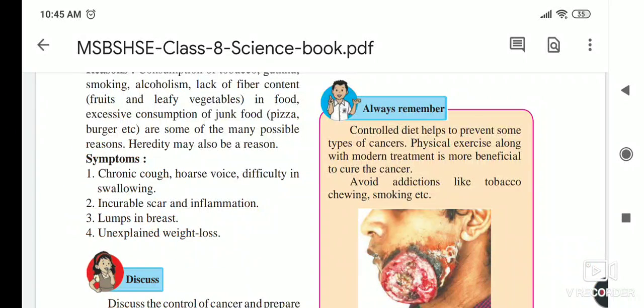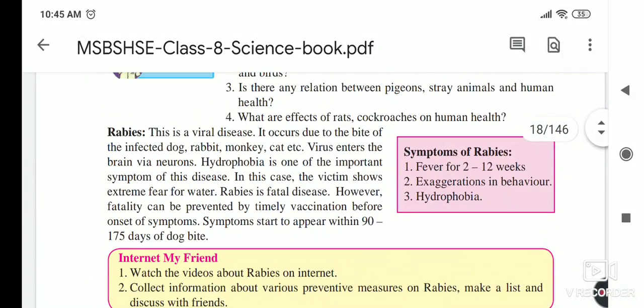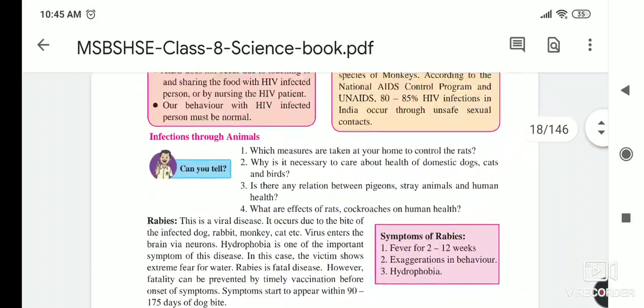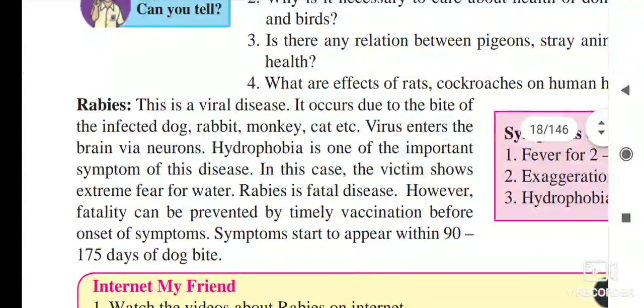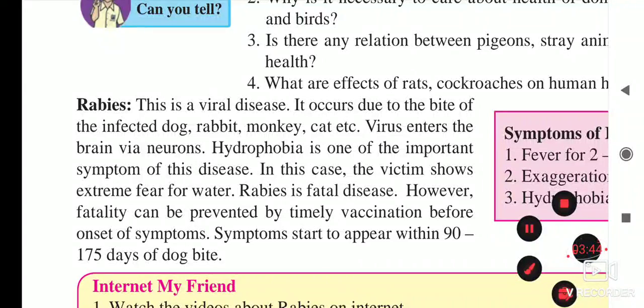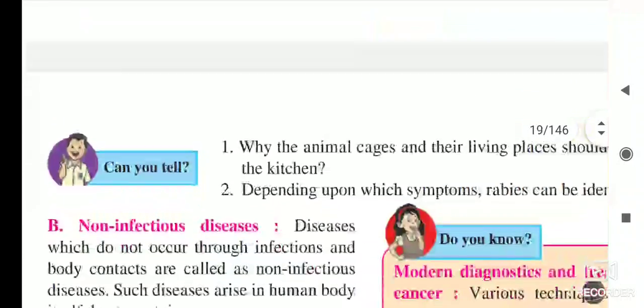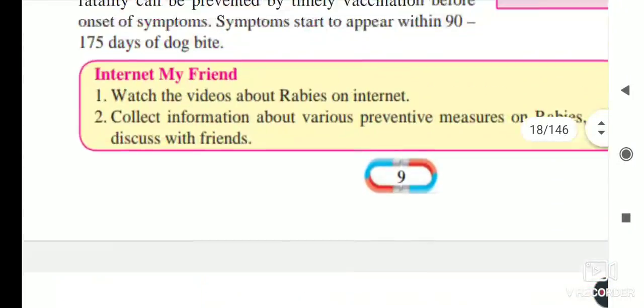After cancer, first is rabies. As you know, when animals bite us we get the disease called rabies. What are the symptoms of rabies?